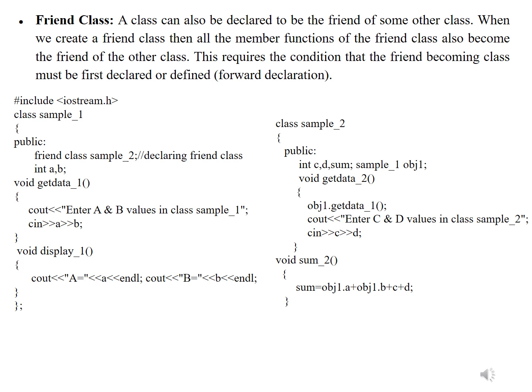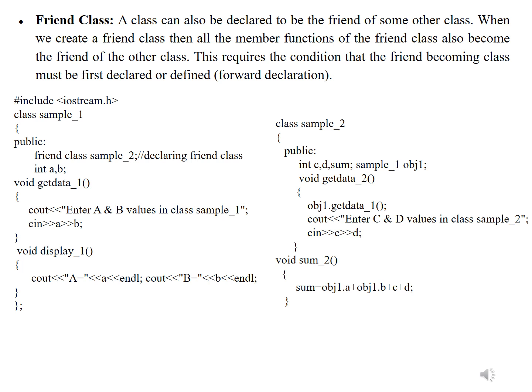public: friend class sample2; integer a, b; void getdata1() { cout << "Enter a and b values in class sample1"; cin >> a >> b; } Then void display1() { cout << a; cout << b; } and close the class.